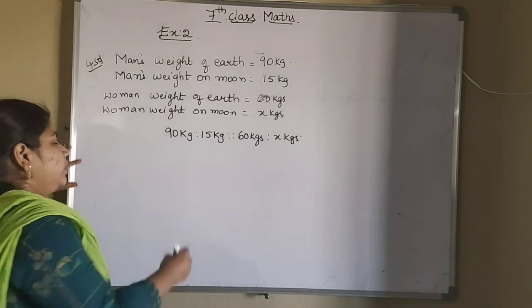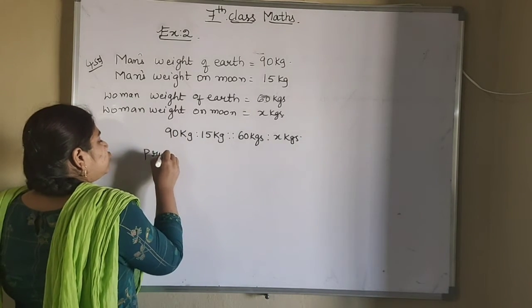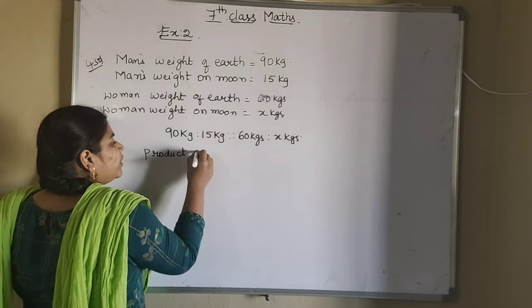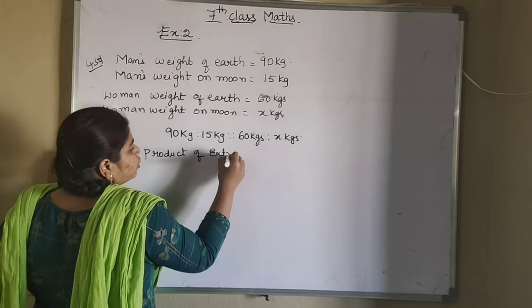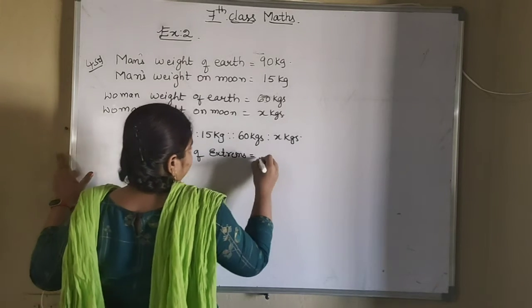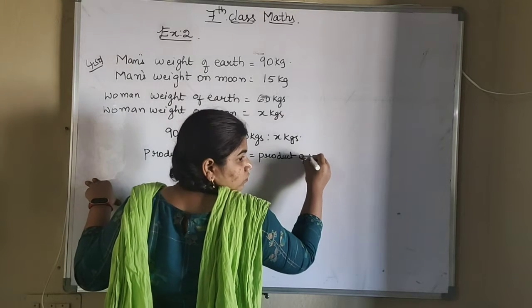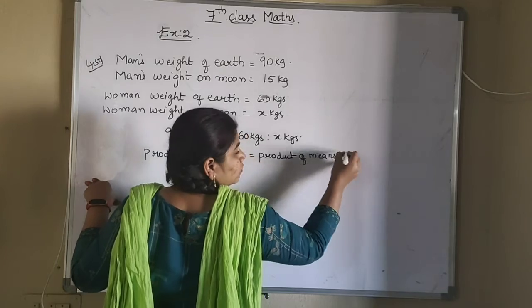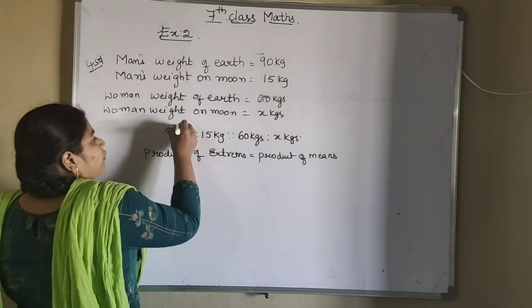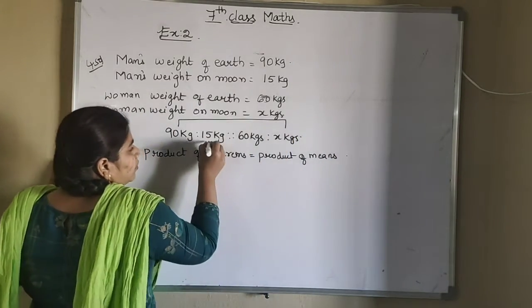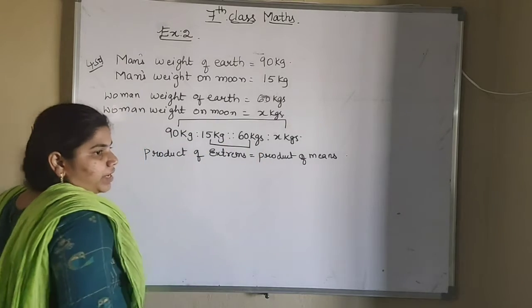Again we know that product of means is equal to product of extremes. Anyway you can write. Product of extremes are the first and last term, product of means are the second and third term.